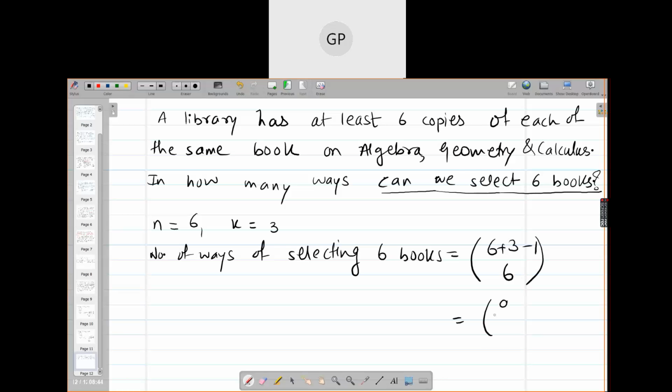So it is 8 C 6. Right? And what is 8 C 6? 8 into 7 into 6 factorial upon 2 factorial into 6 factorial. This is the formula. So it is 28.